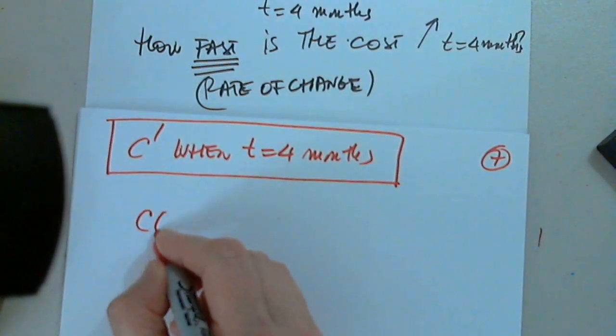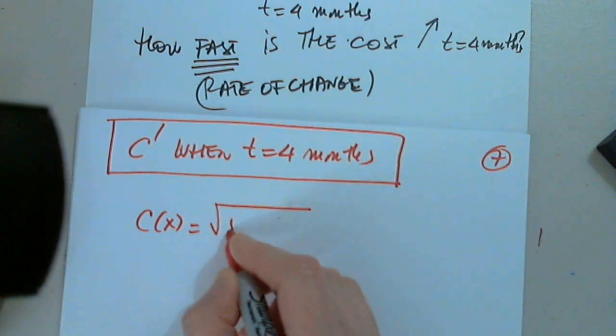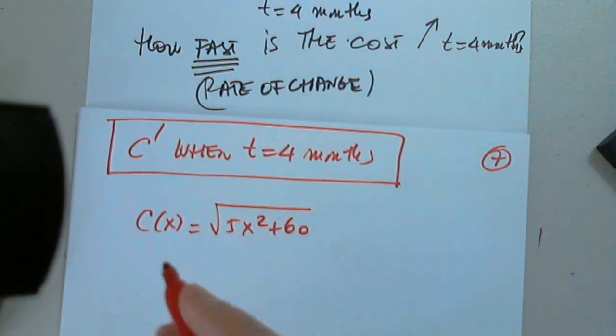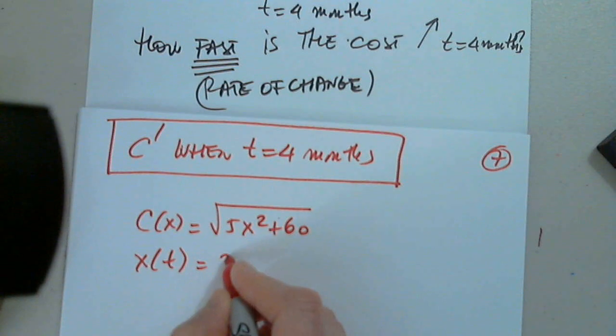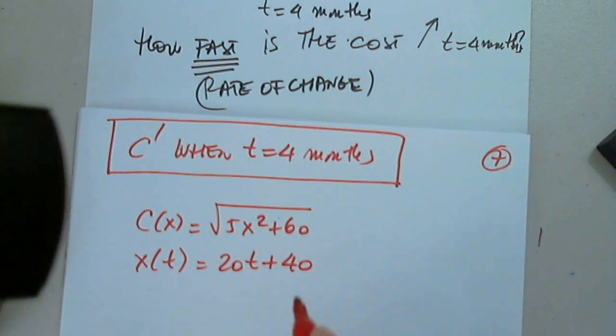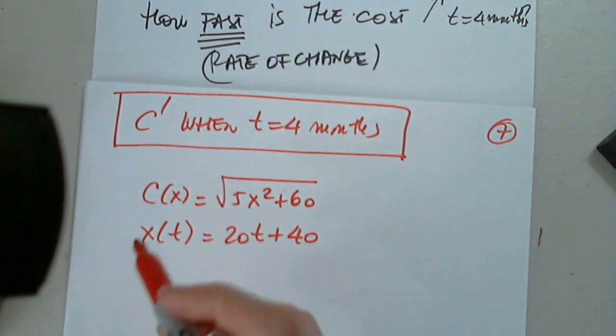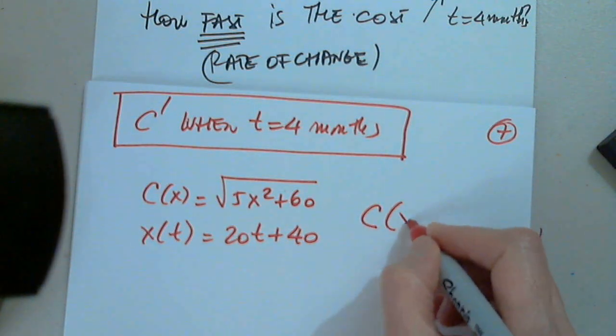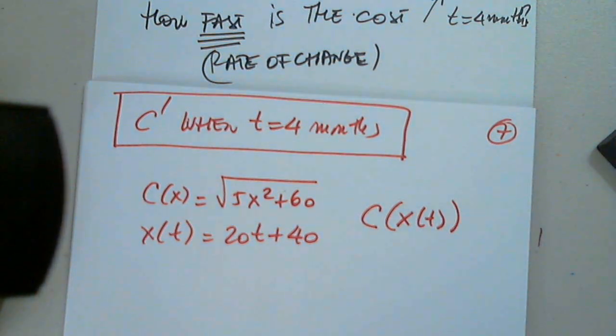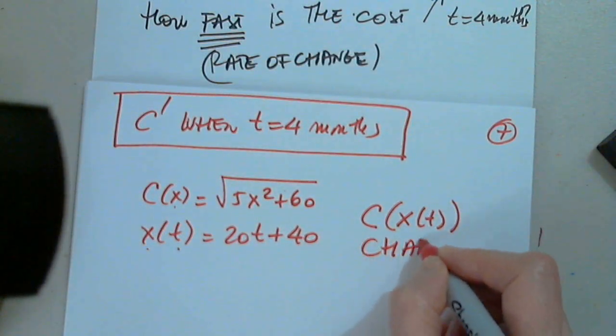So I have a c of x, and I have x of t. Notice that this is c of x of t, because it's x, but x is a function of t. So this is definitely the chain rule.